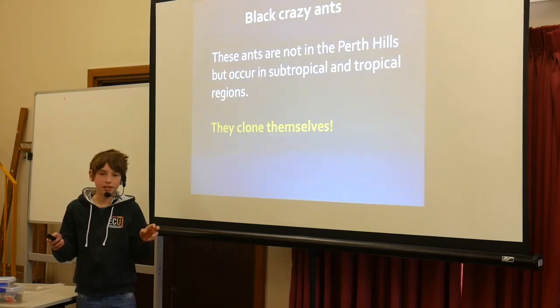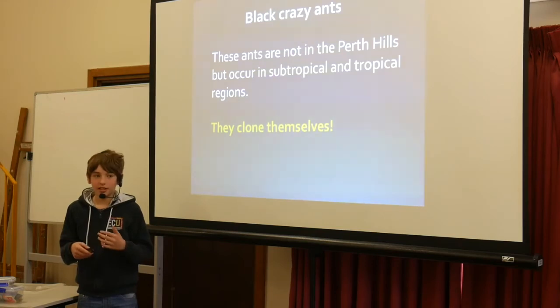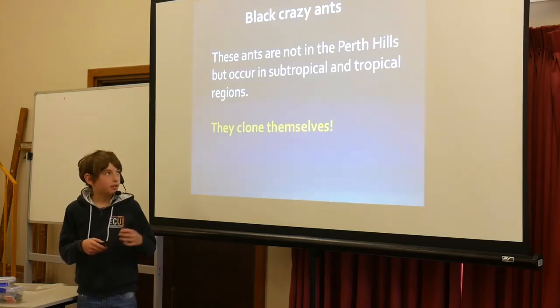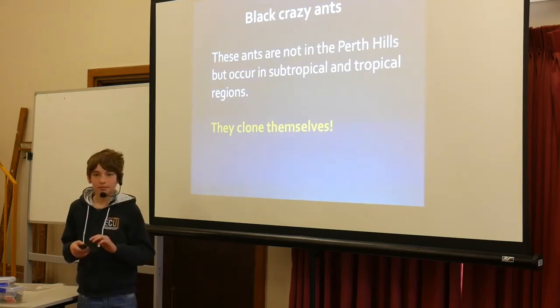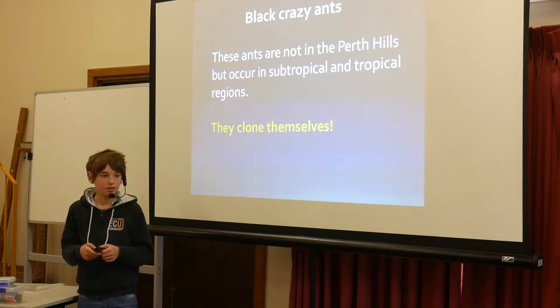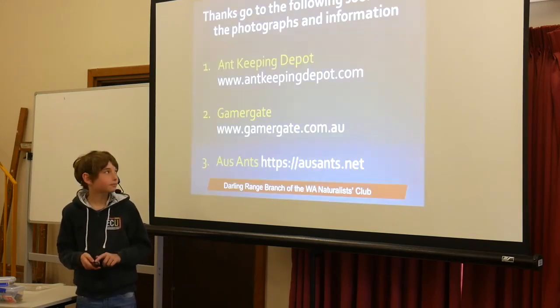Because they're not related genetically, they can mate again and produce workers and then clone themselves and the male. So the colony can last a very long time, and they're a pest in tropical regions. So good luck killing one of these colonies.